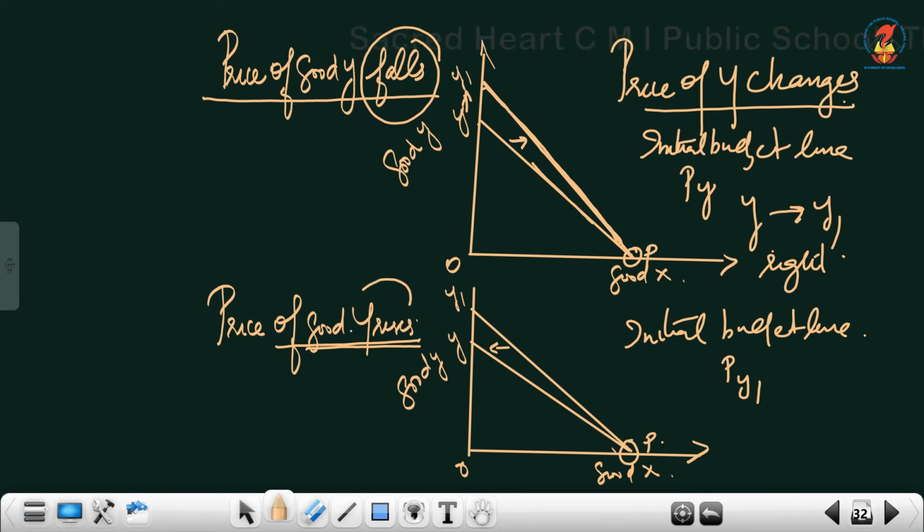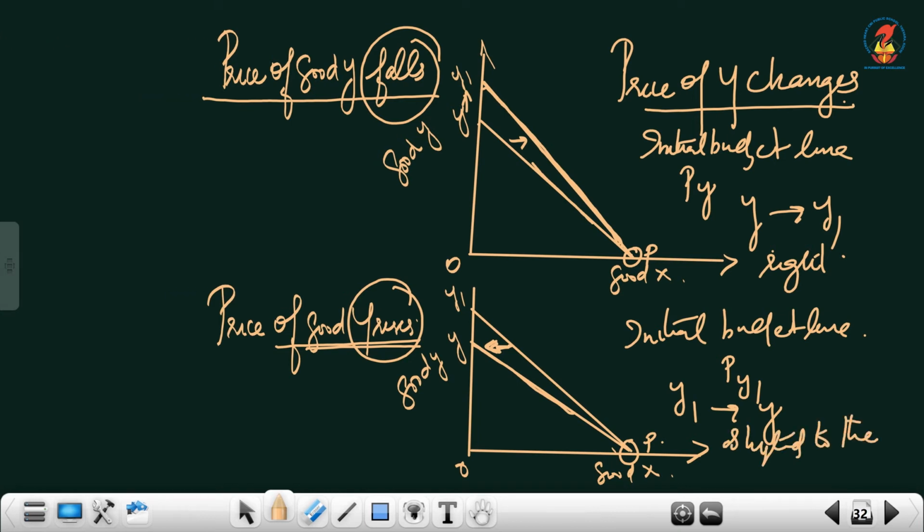Now, when the price of good y is rising, the consumer will purchase less of y. Therefore, y has decreased from y1 to y. Y has come down. So, the budget line has shifted to the left.